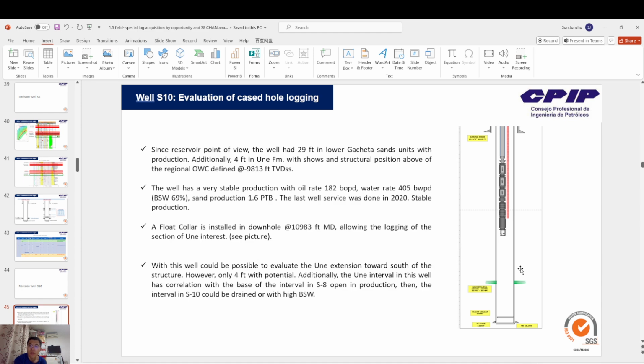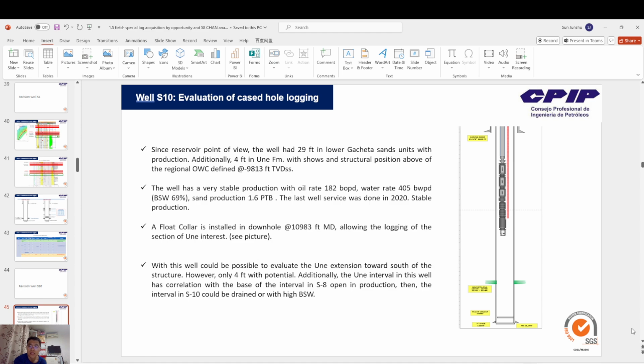The well has a very stable production. Oil rate 182 barrels per day, water rate 400 barrels per day, BSW 69%, sand production 1.6 PTB. The last well service was done in 2020.